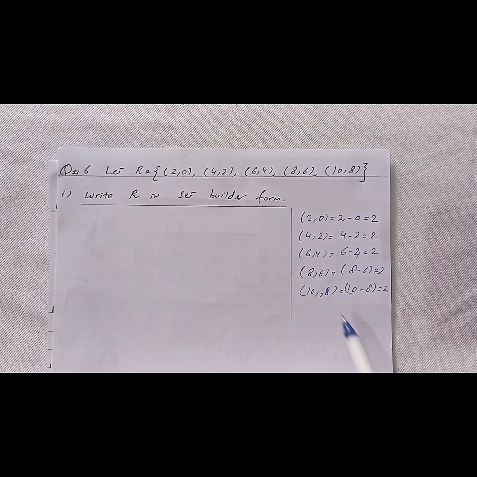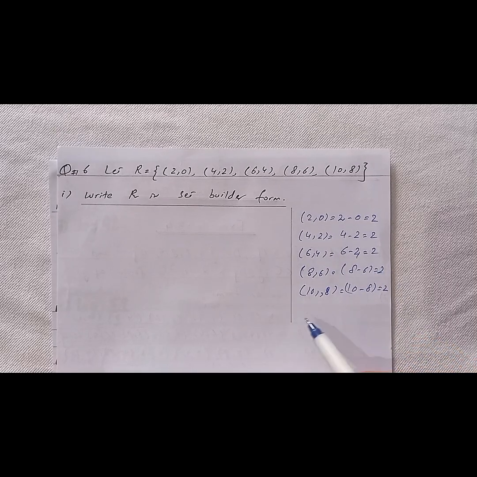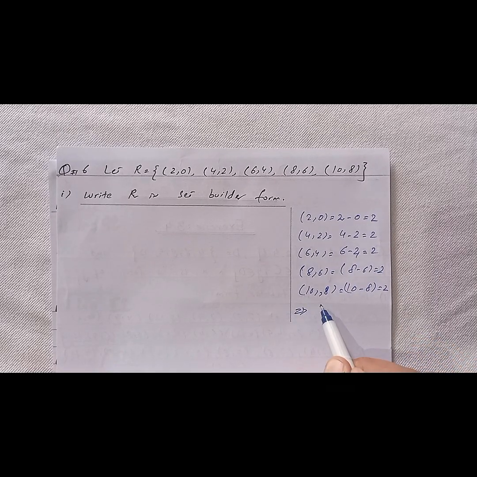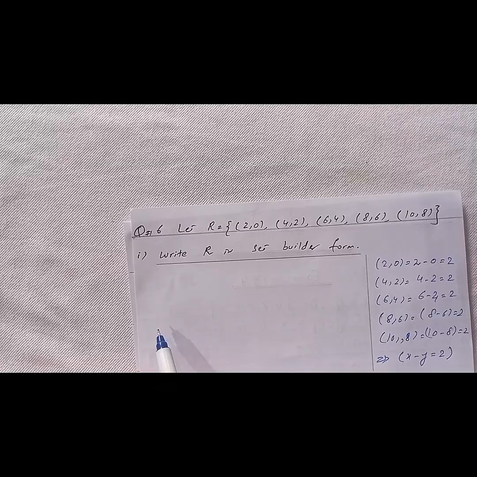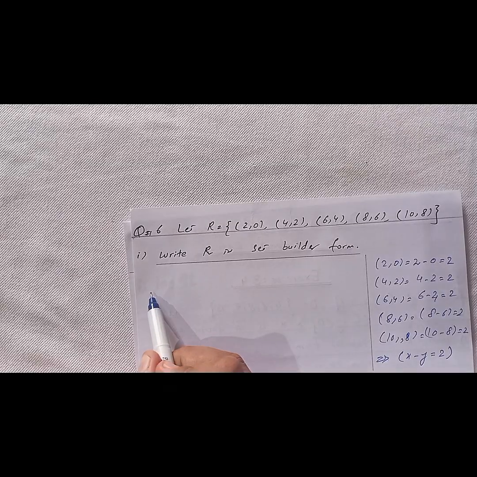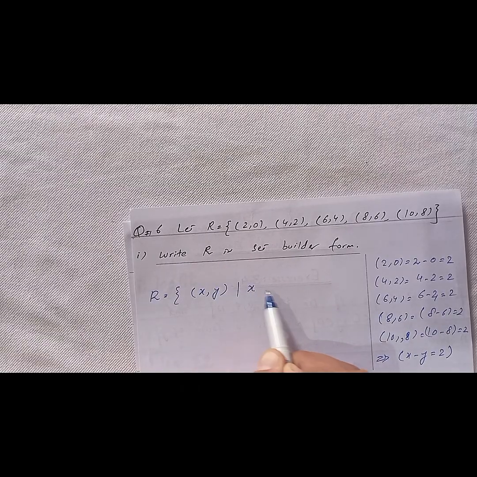So from each ordered pair you can see if we subtract the second element from the first we get the answer 2. So in general form, this implies that x minus y equals 2. So we write it in set builder form as R = {(x, y) such that x minus y equals 2}.